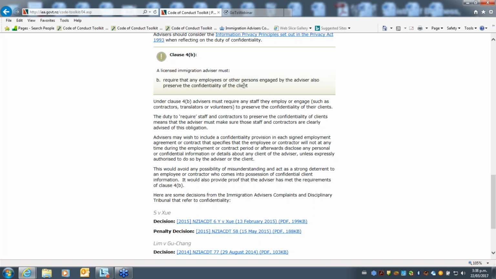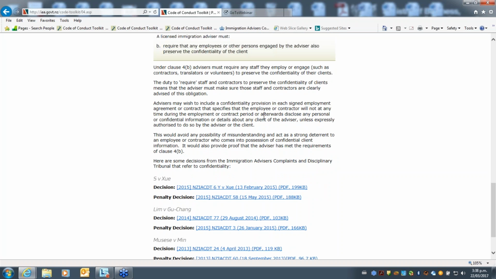So that means that you've got in writing up front that they will preserve the confidentiality of any client information that they are privy to, and that you've done your best to ensure that they do. We do appreciate that you may take those steps and then there still may be a confidentiality breach by the employee or another person, but if you can show that you've taken all possible steps to require them to preserve the confidentiality, then that does provide a protection for you.